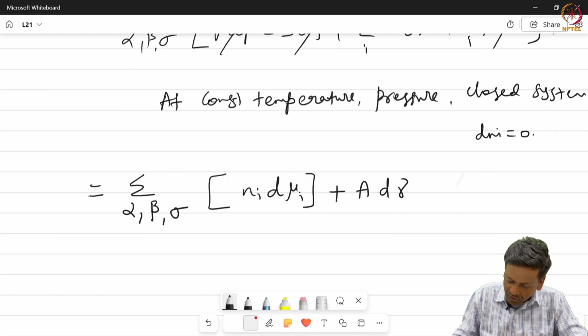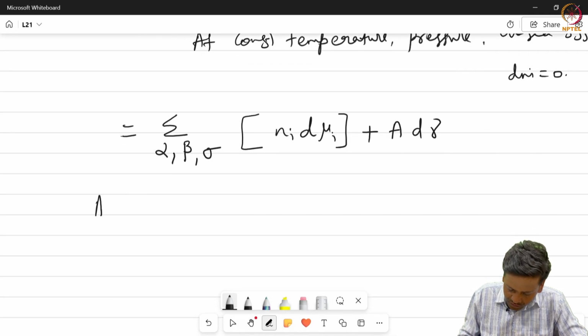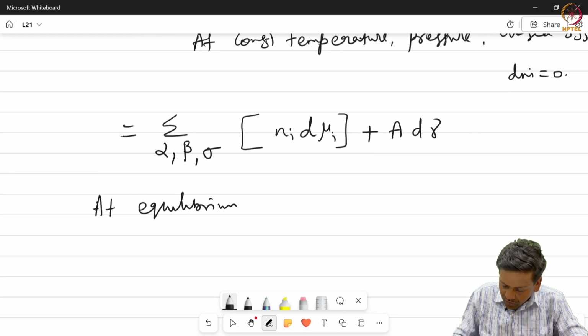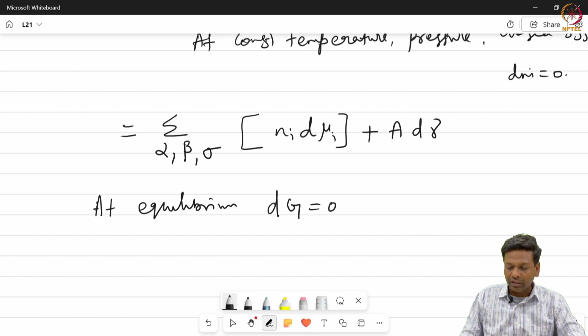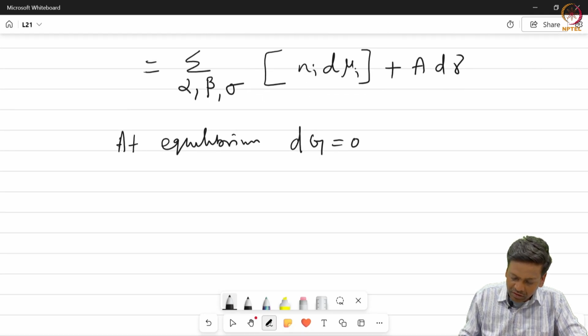At equilibrium, we know that dG is supposed to be equal to zero. This is one condition that we have.